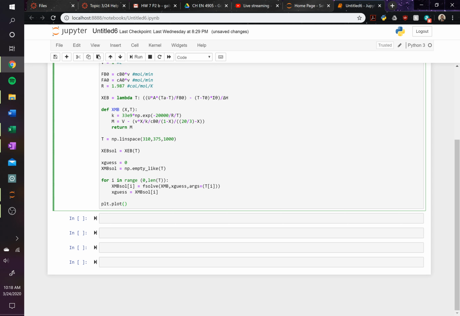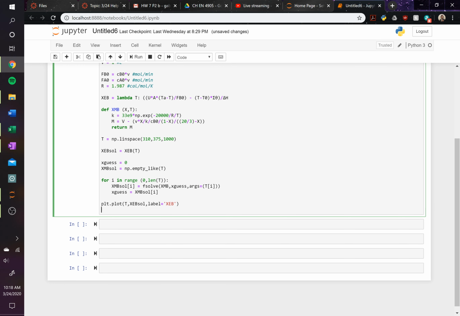So let's see. We're going to plot the energy balance as a function of time. Let me make sure I get the labels on this. Solution label.